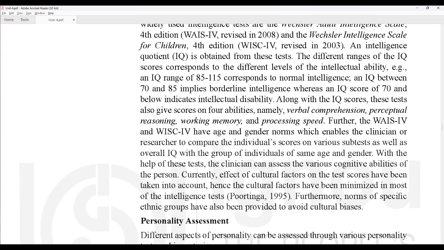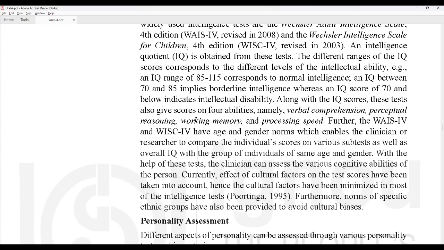The different ranges of IQ scores correspond to different levels of intellectual ability. For example, an IQ range of 85 to 115 corresponds to normal intelligence. An IQ between 70 and 85 implies borderline intelligence, whereas an IQ score of 70 and below indicates intellectual disability.